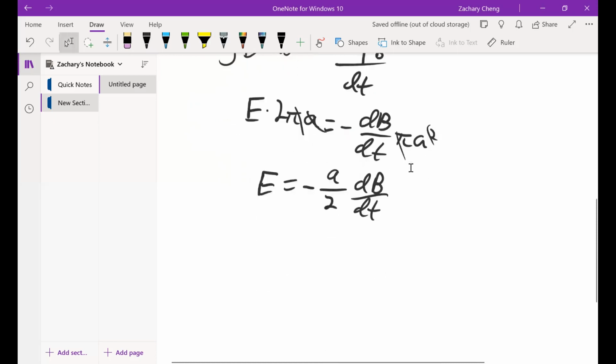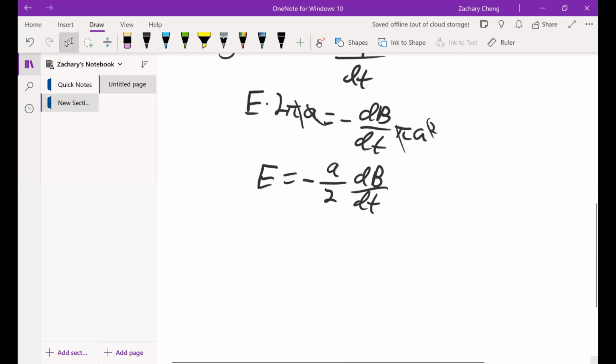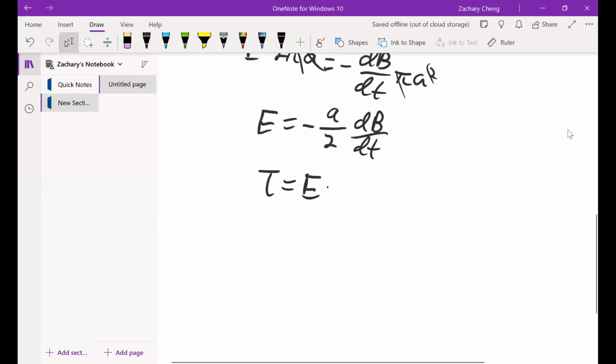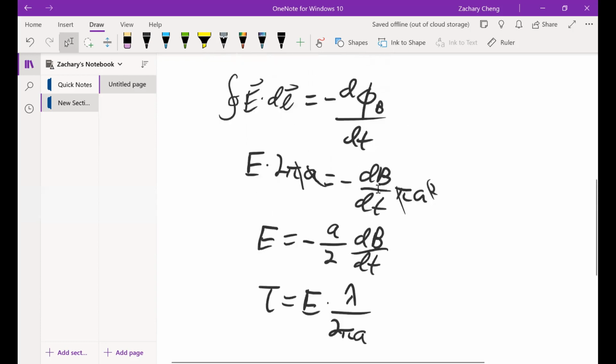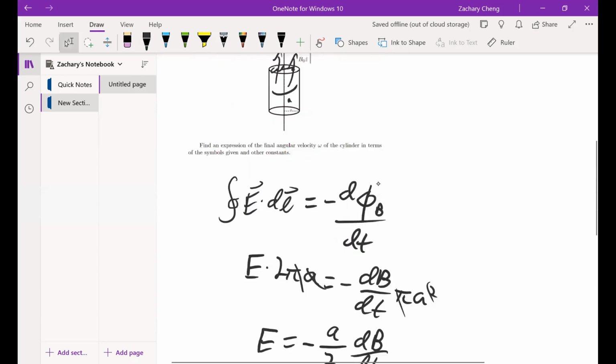we can see that the torque is equal to E times the charge, which is the surface charge density. It's lambda over 2 pi a, and this is only for this small section, but the force is going to act across this entire circumference.